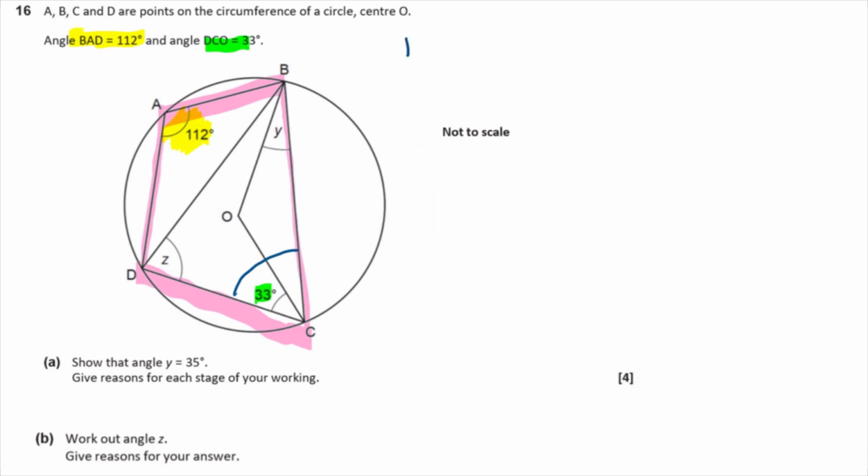I'm going to say in cyclic quadrilateral ABCD, then DAB, that angle up there at the top, plus my angle down here, DCB, equals 180, because opposite angles in a cyclic quadrilateral sum to 180.